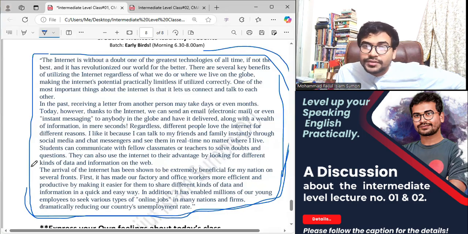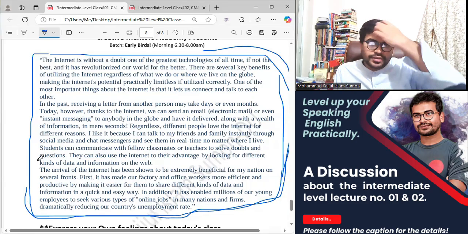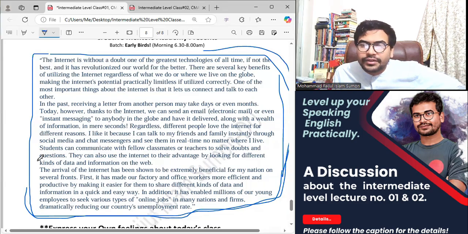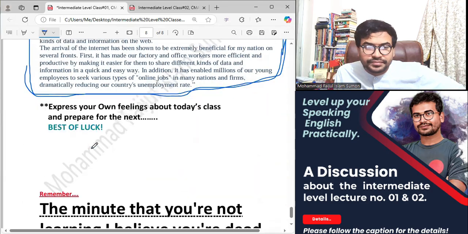So please surf online and find lots of information about the internet, and try to read all of this information. So this is actually a universal method.